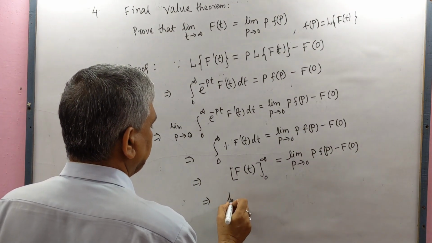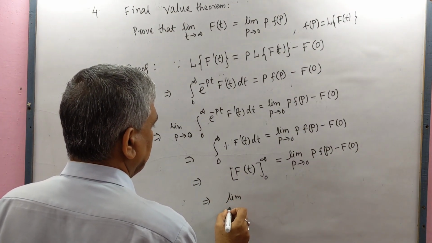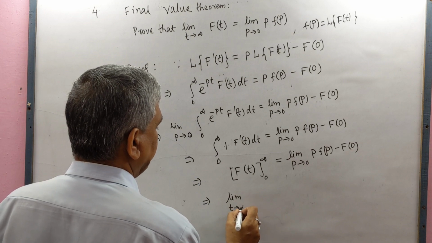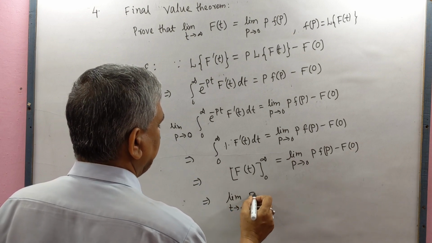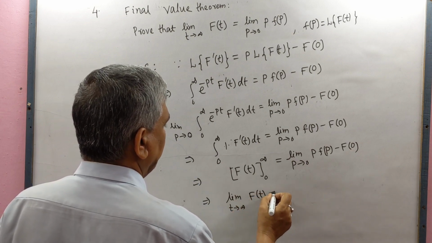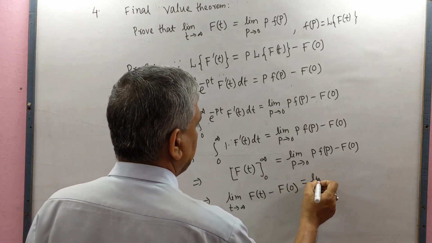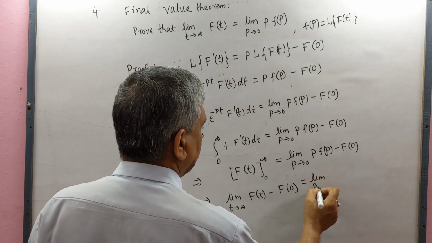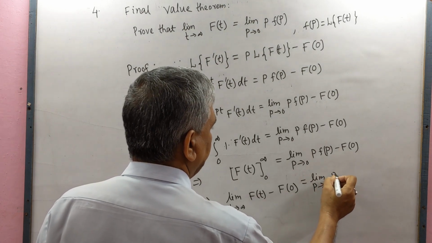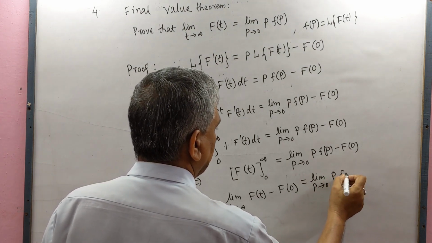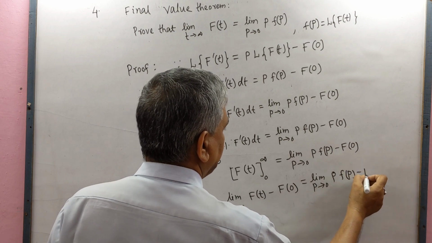This implies that limit t tends to infinity of f(t) minus f(0) equal to limit p tends to 0 of p f(p) minus f(0).